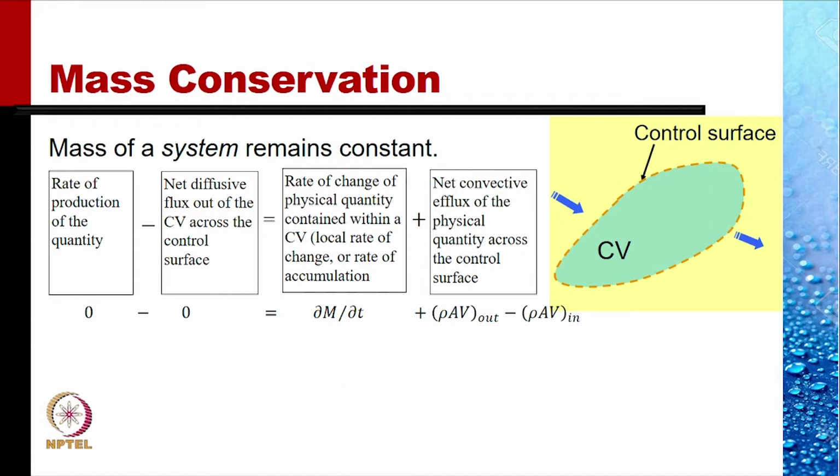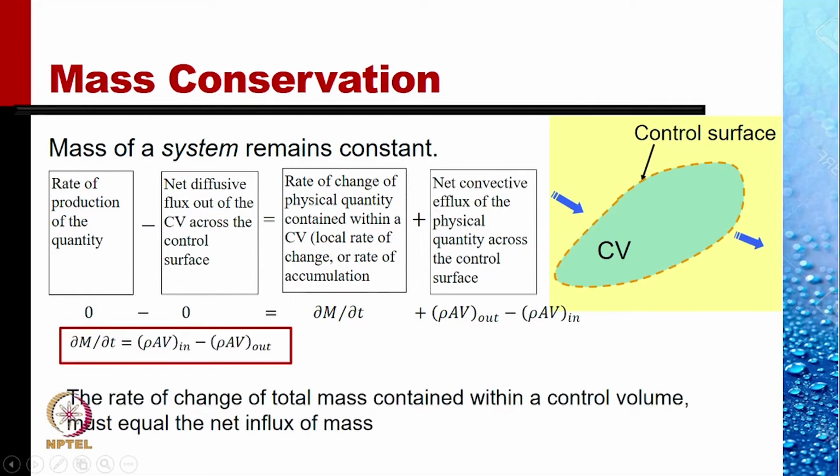And lastly, the net convective flux of the physical quantity across the control surface is rho AV out minus rho AV in, the net efflux. This can be manipulated to give del m by del t, the rate of accumulation of mass within the control volume, is equal to the net efflux of mass across the control surface. This is the form of mass conservation equation that we use in fluid mechanics.